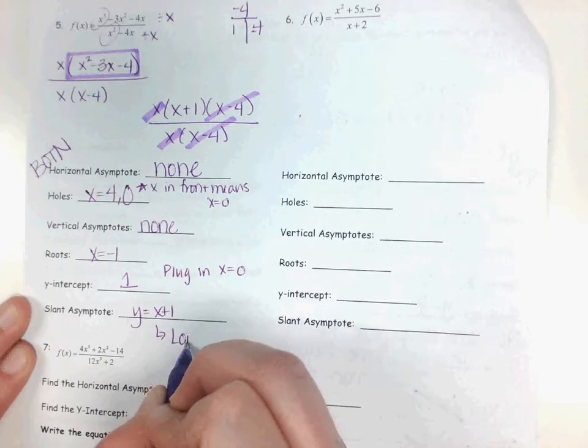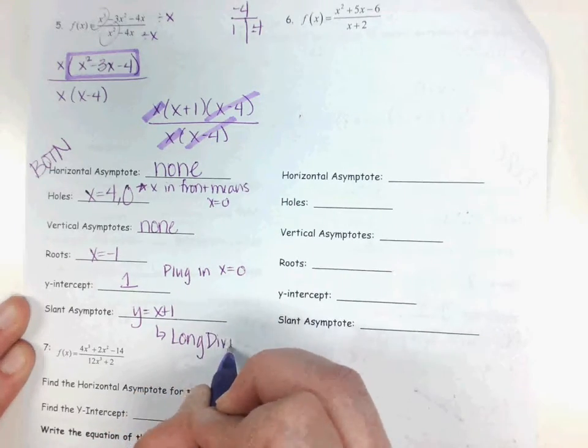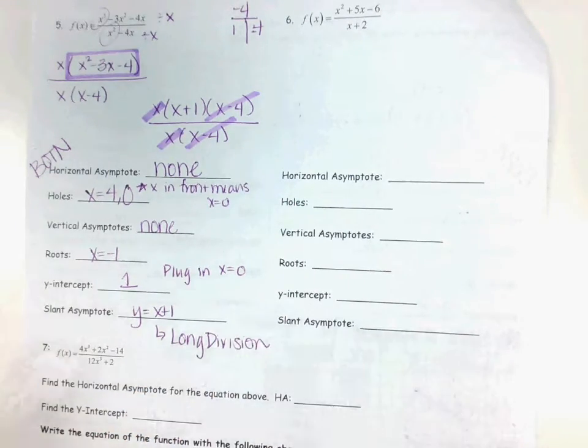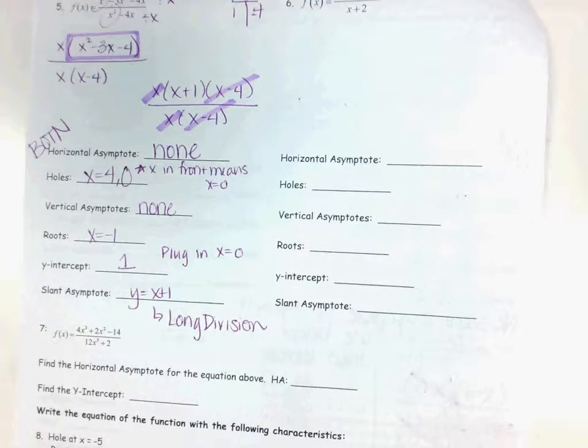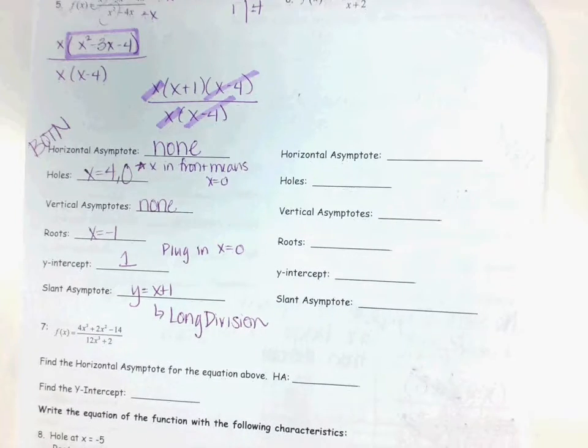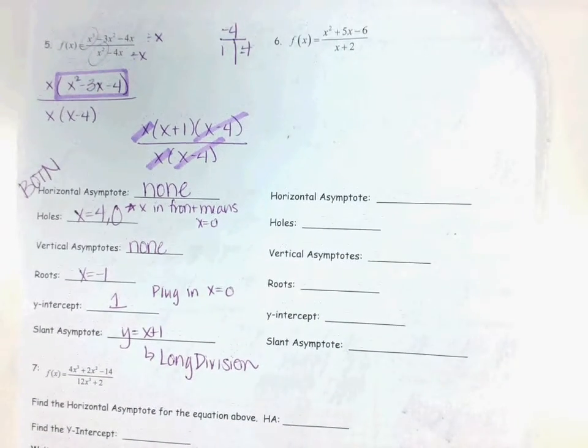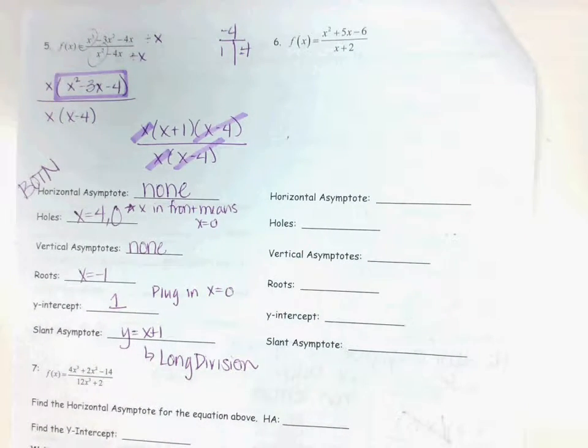Okay, I'm going to put long division. You can work it out on a separate sheet of paper, see if it works, but we don't really have space for it. Okay, so in this case, think about if I'm dividing and only one thing is left over on top, that is going to be your slant. But other than that, no, you'd have to do long division.